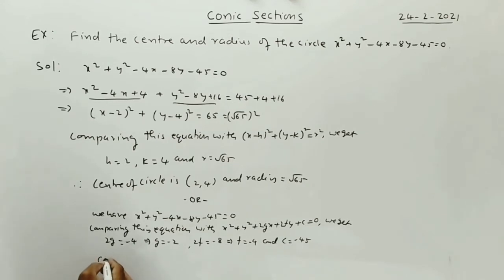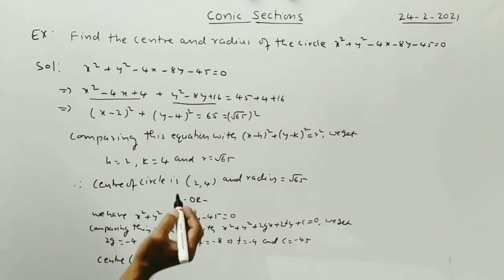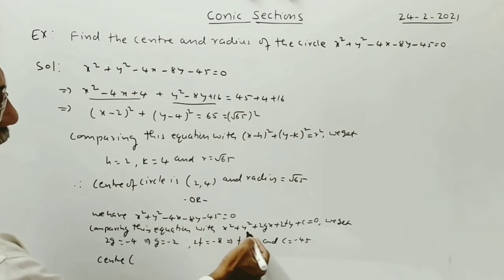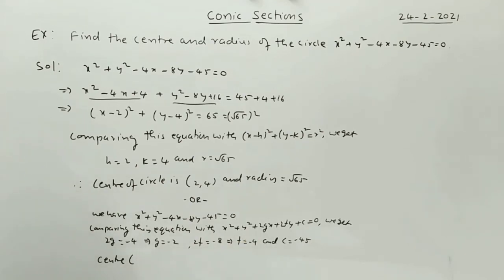Coordinates of center of circle x square plus y square plus 2gx plus 2fy plus c are minus g comma minus f.